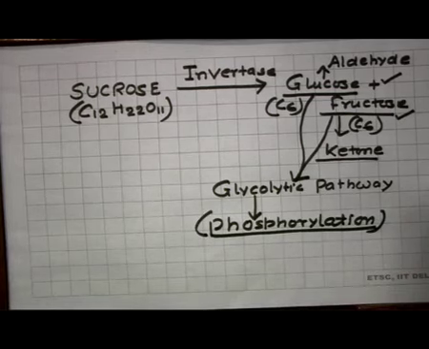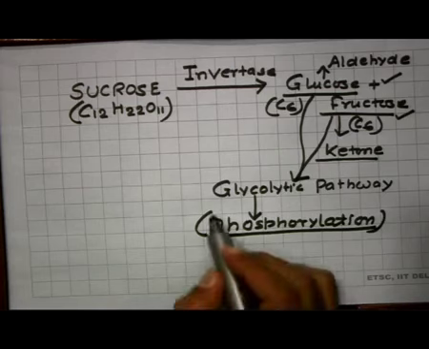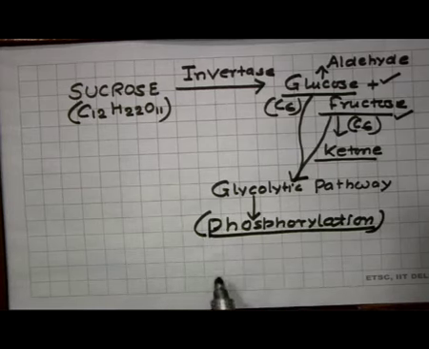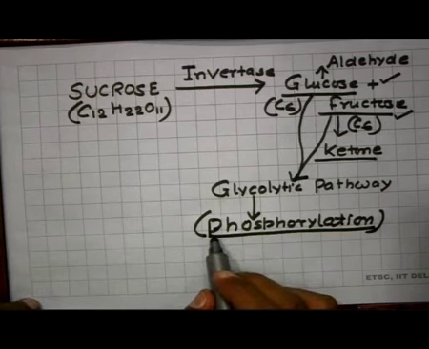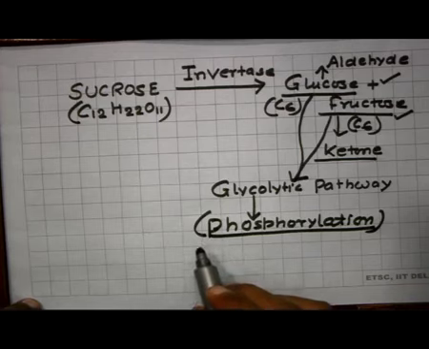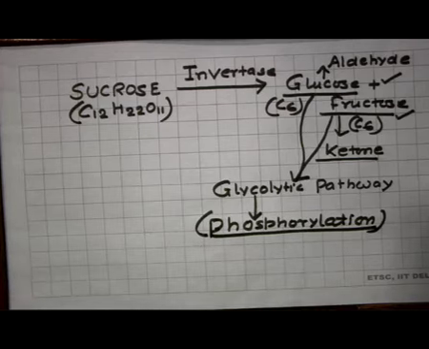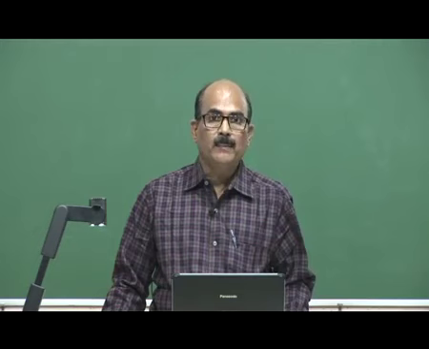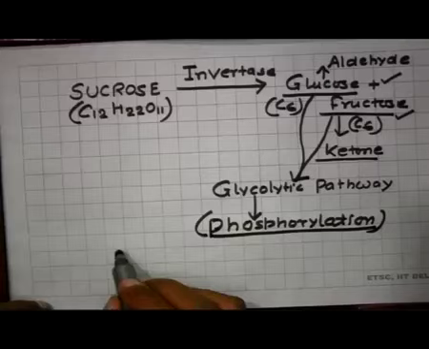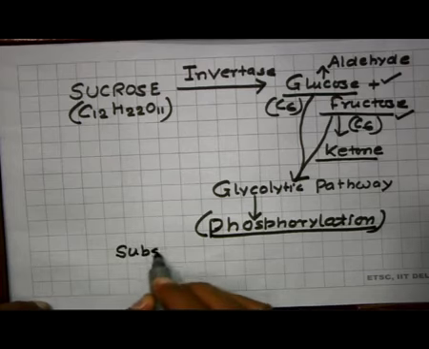There are 3 types of phosphorylation which we discussed in my subsequent lecture. Oxidative phosphorylation, photophosphorylation, which we have already discussed, the formation of ATP with the help of light energy, and the third one, substrate level phosphorylation.